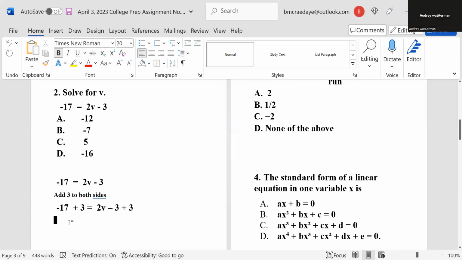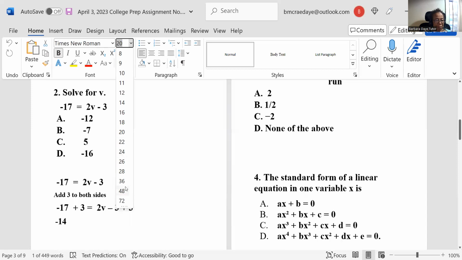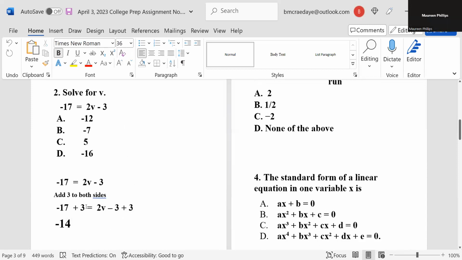Plus or minus? Is it a negative 14 or plus 14? It's a negative. That's it. Very good, Audrey, because you subtract and you take the sign of the bigger number with absolute value, and that's the 17. Okay, so let's just make that bigger. So we've got minus 14 on the left.